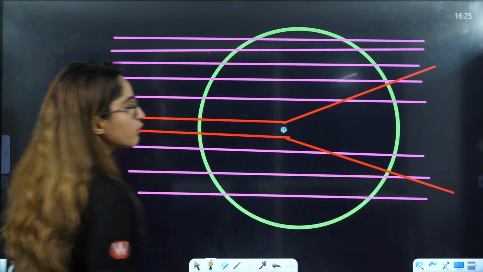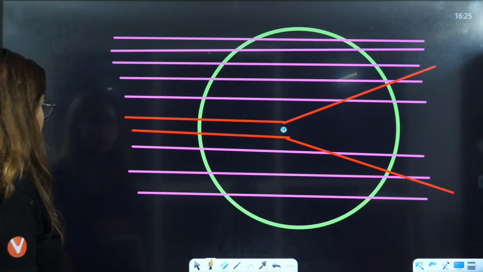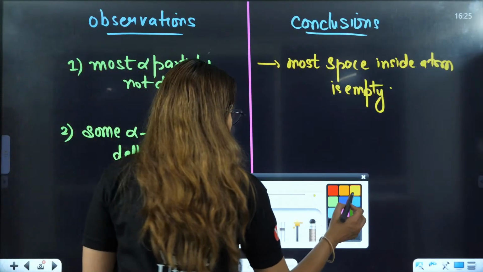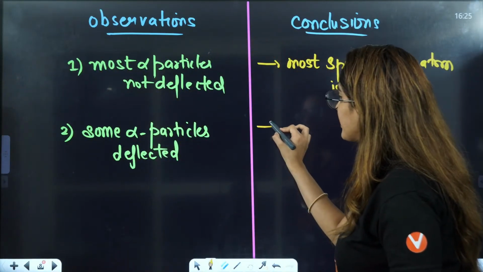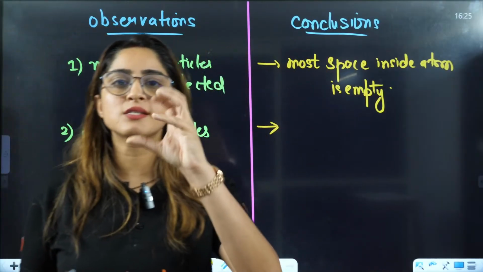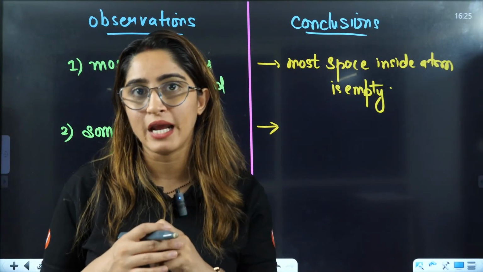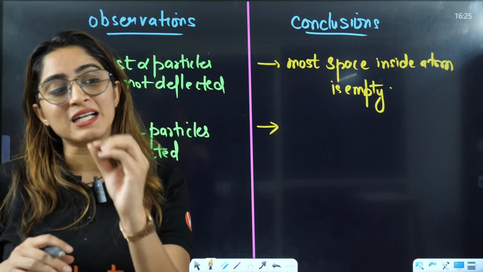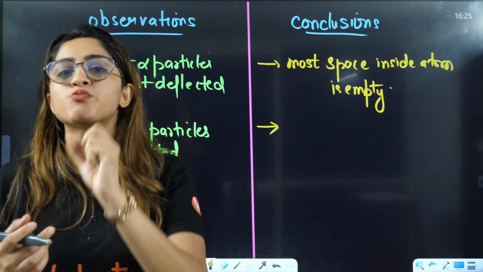Okay, can you tell me why some of the particles got deflected? Because inside the atom there is a positively charged sphere, which is located in a very small space.